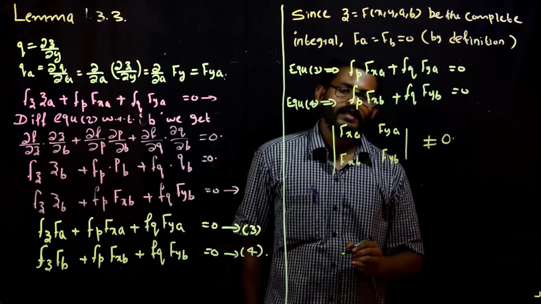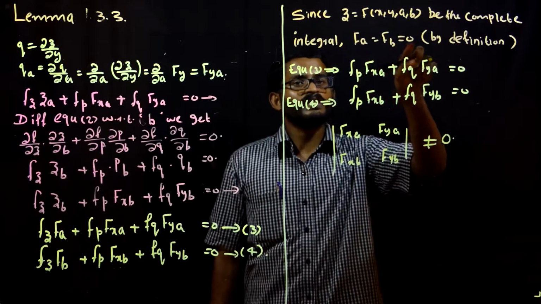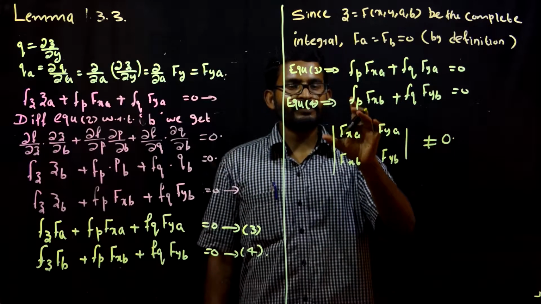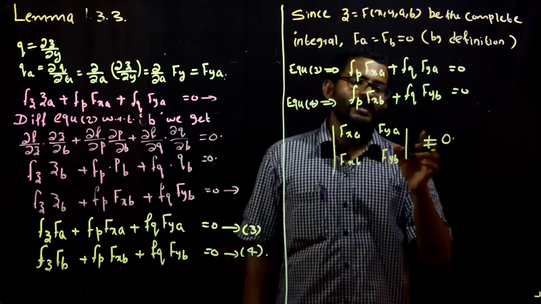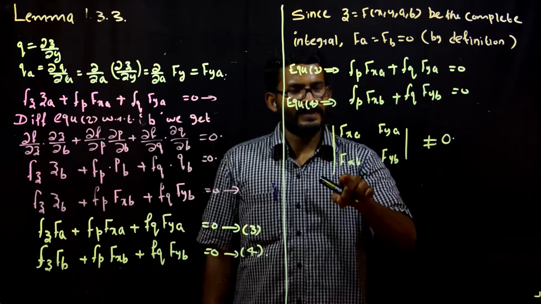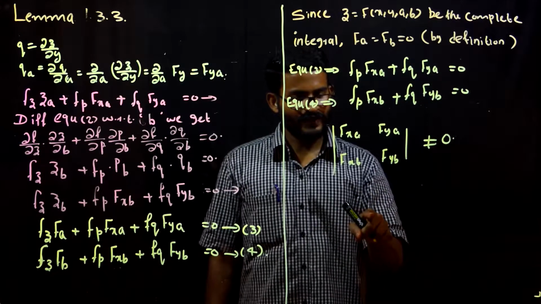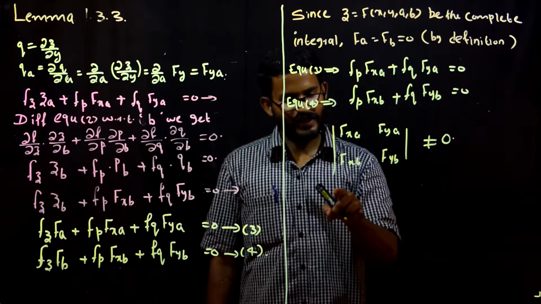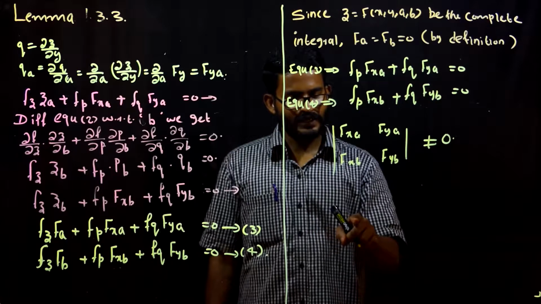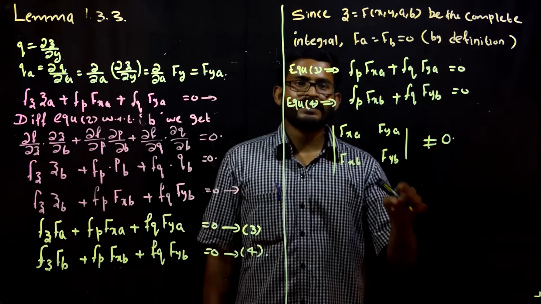That is, since F is a complete integral and F is equal to 0 by the definition of complete integral, and we know z is said to be a complete integral if the matrix F_a, F_xa, F_ya, F_b, F_xb, F_yb has rank 2.